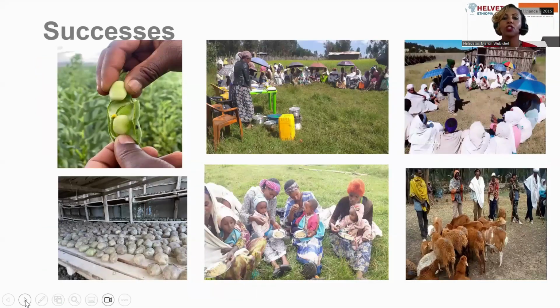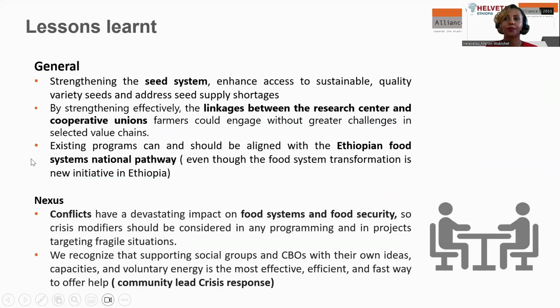Next. Just to demonstrate some of the successes. In the project, as I mentioned, we are promoting different varieties of seeds. So faba beans was well accepted, and the potato is also. I have another graph to show you, so you will see the success there. Next. Okay, so the graph is not there.